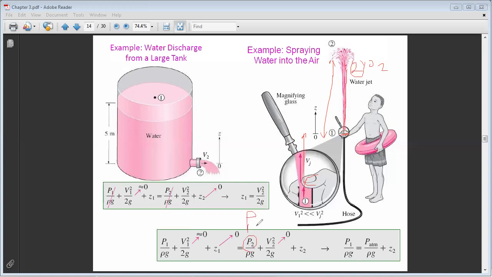And now, since I reached the maximum height at Z2, V at Z2 will be 0. So I will just have plus Z2.